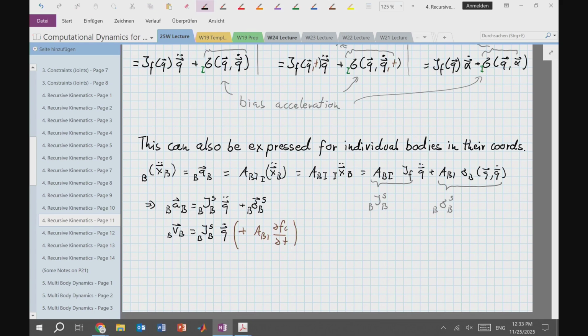I'm showing this because it's a little bit important to note that my J_BS in B coordinates is not the same as partial R_IB in B coordinates, partial q.